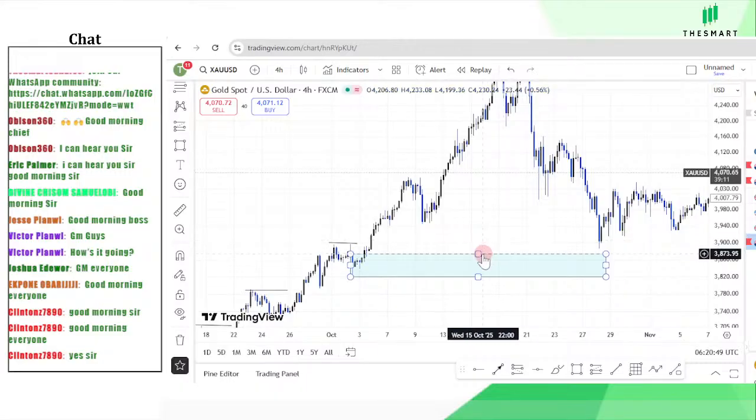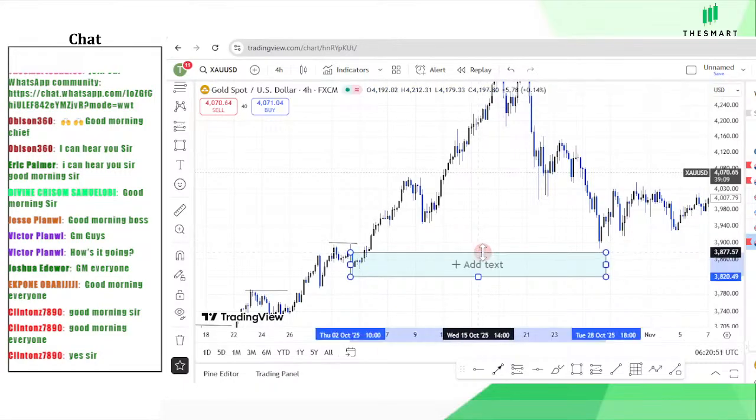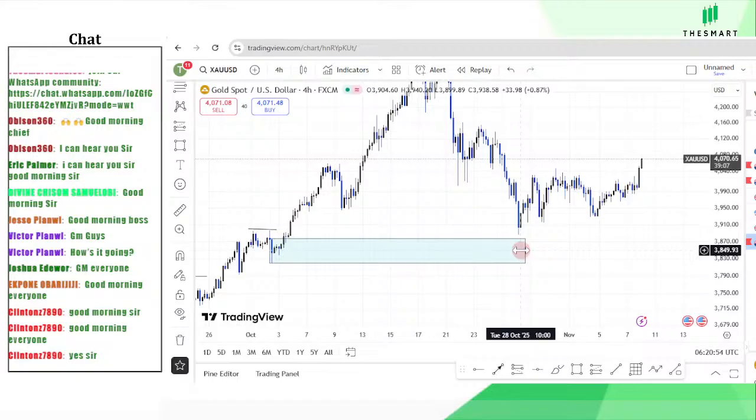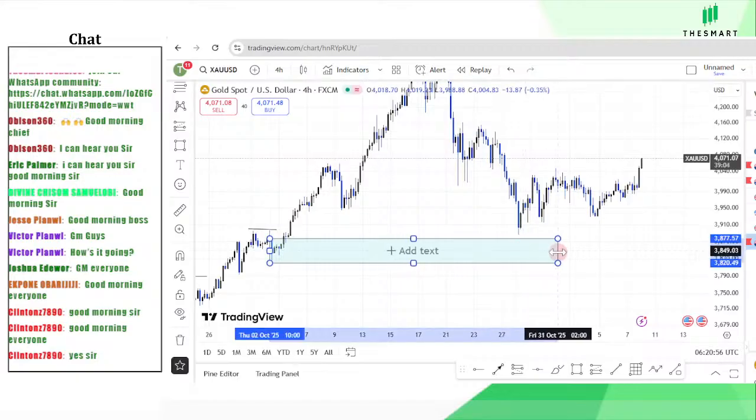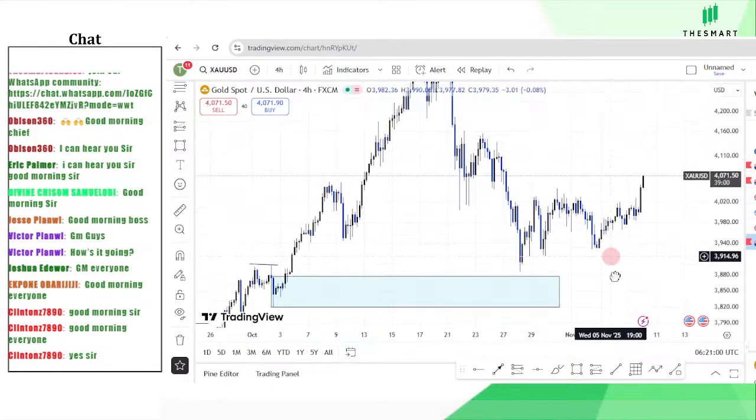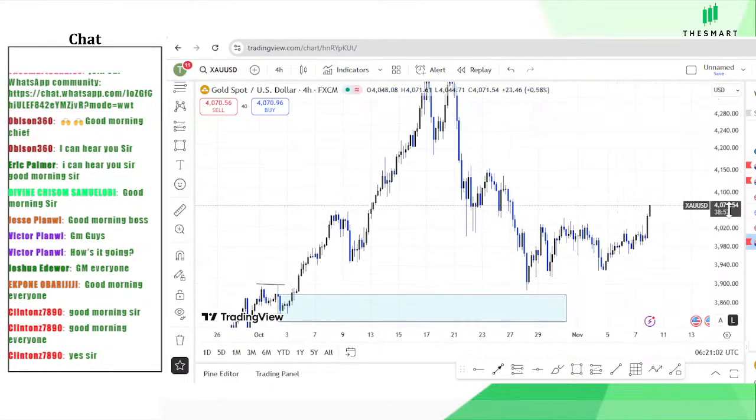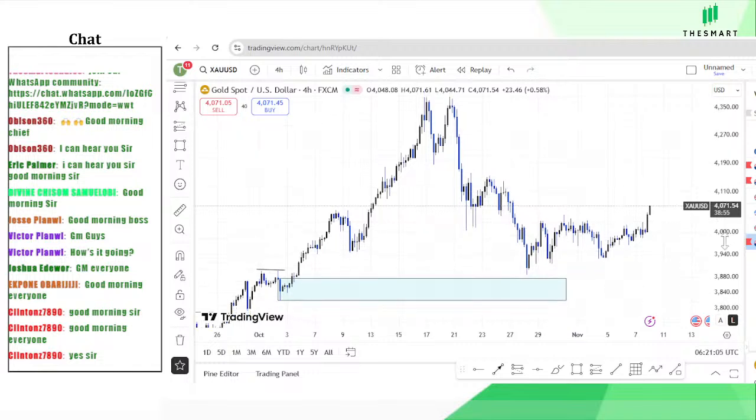Okay, price is actually yet to drop into this level. But let's look at overall. What has price been doing?